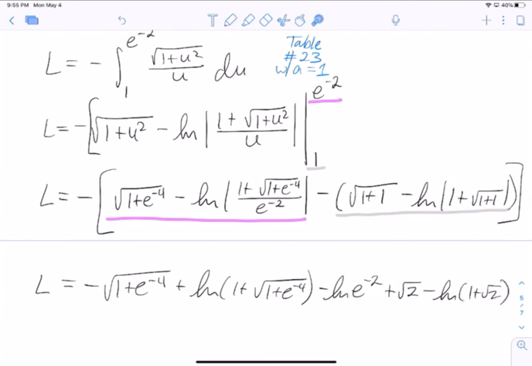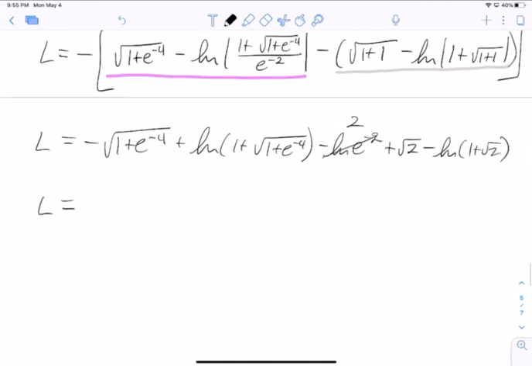And as I said here, the negative natural log of e to the negative 2 becomes 2. I'm going to write all these with positive values in front here.